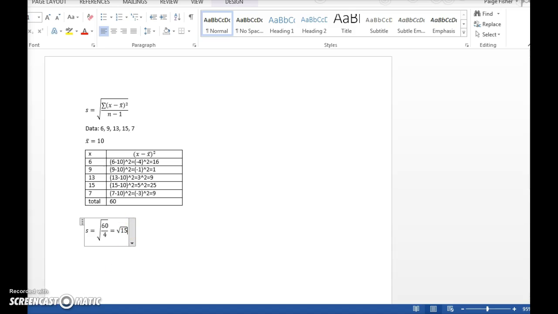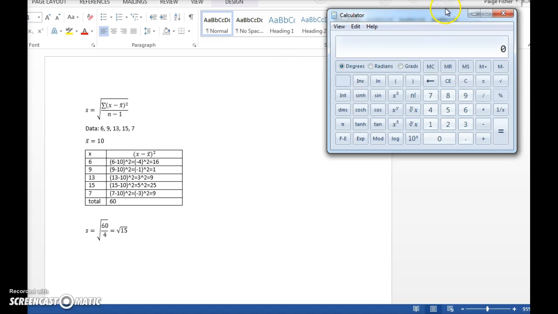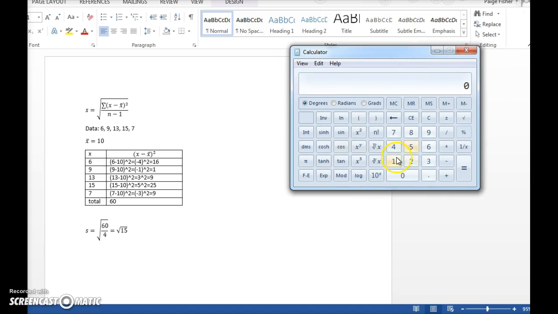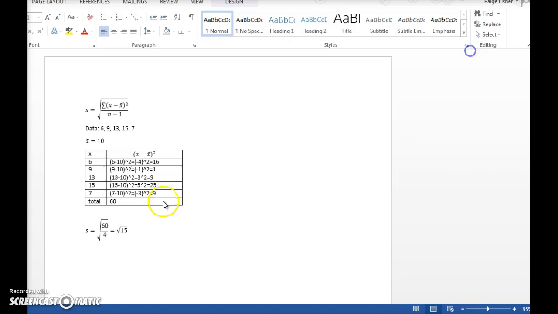So we can just use a simple calculator. If you type 15 and then square root it, we get 3.873. So that's our answer, 3.873. That's just by hand.